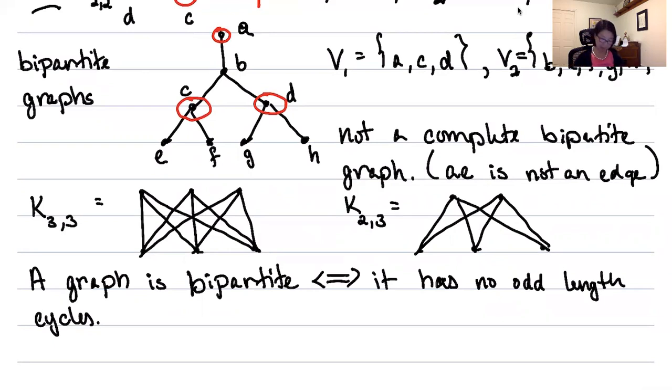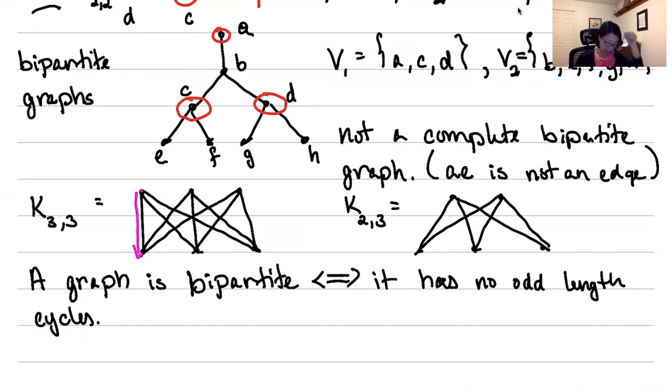Why? Well, let's just look at it in this example. If I have a cycle, for example, that uses a vertex like this, then it has to go to the other class, but the next edge, so the edges go from V1 to V2, right?